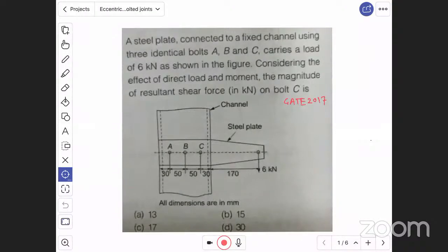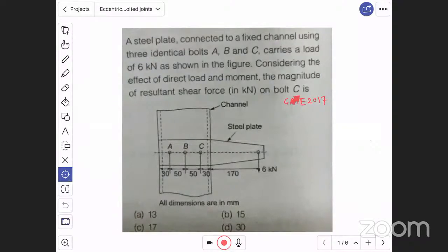The question is: a steel plate connected to a fixed channel using three identical bolts A, B, and C carries a load of 6 kilonewton as shown in figure. Considering the effect of direct load and moment, the magnitude of resultant shear force in kilonewton on bolt C is. The question is very simple, friends.